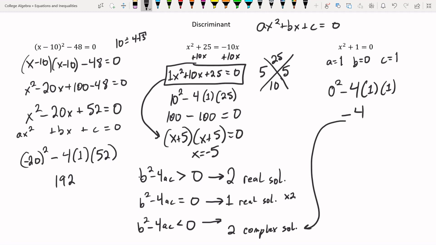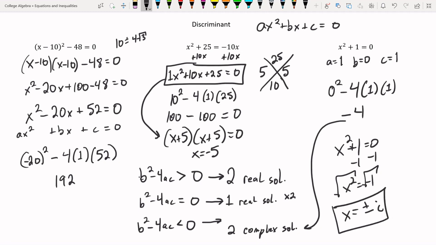If you use the square root method, x squared plus 1 equals 0, subtract 1 to the other side, take a square root, we get x equal to plus or minus the square root of negative 1, which is i. And that's 2 complex solutions. That's the way you could solve it if you wanted to. We're not too worried about that case because we can't graph that. We don't have any good visuals for that at this level of mathematics.